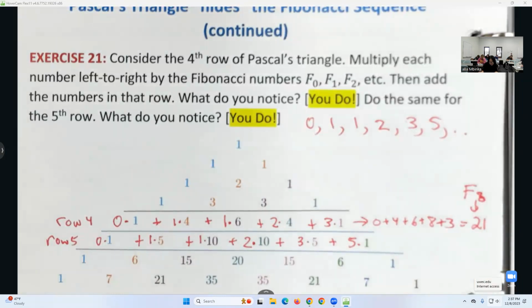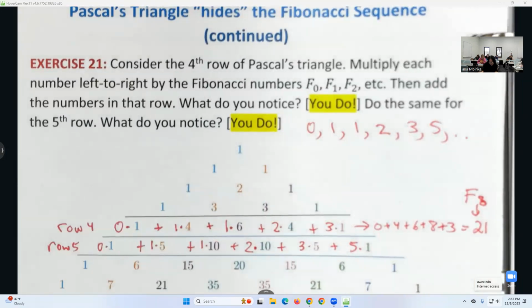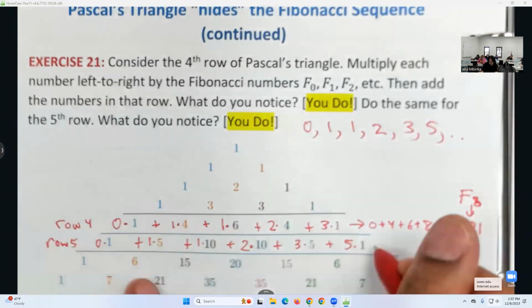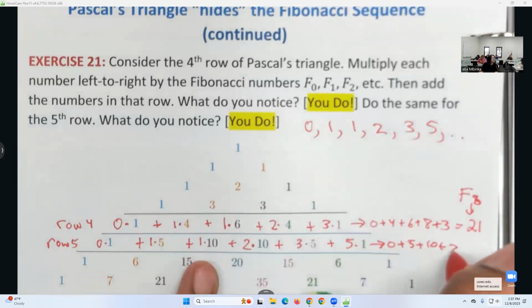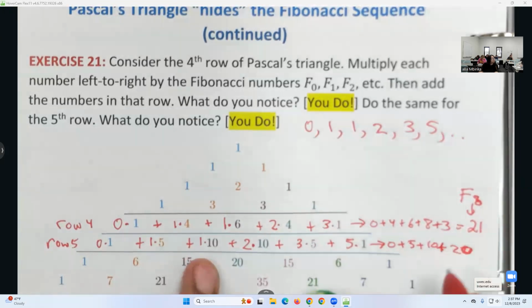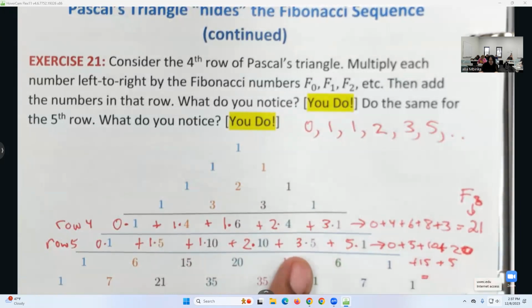So in red we have the Fibonacci weights attached to the fifth row of Pascal's triangle, and if we do the math carefully without making a mistake, 0 plus 5 plus 10 plus 20 plus 20 plus 15 plus 5.